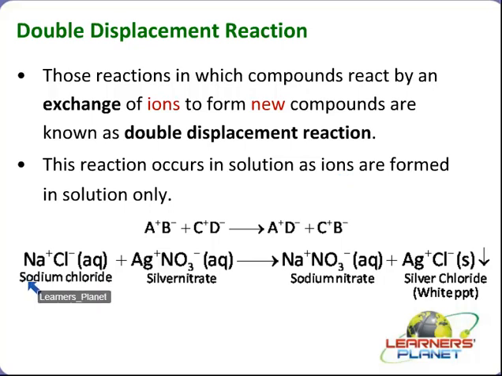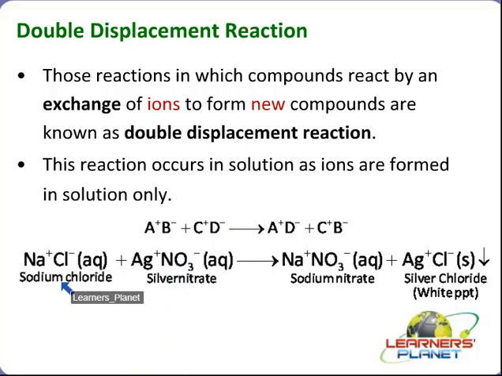Let's take this example. Sodium chloride aqueous plus silver nitrate aqueous gives what? Sodium nitrate aqueous plus silver chloride solid. It means nitrate has replaced chlorine, and chlorine has replaced nitrate. So what is going on here? This is double displacement.